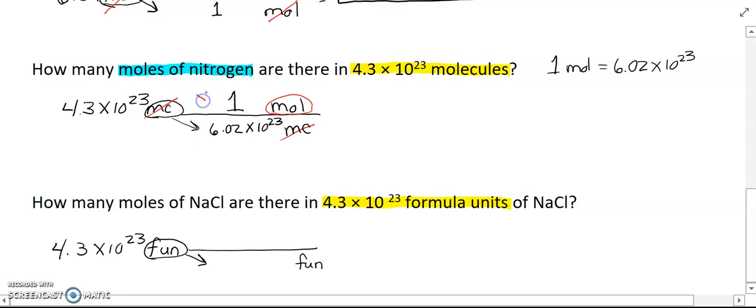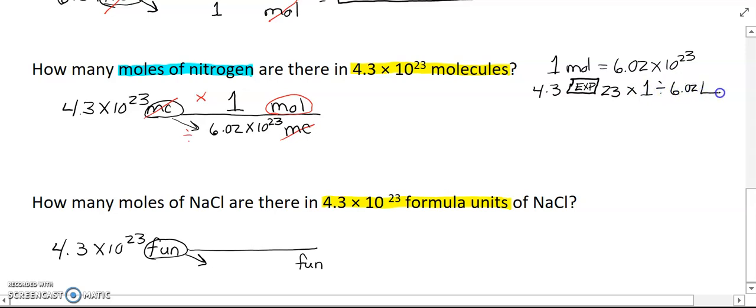I'm still going to take times, and I'm still going to take divided by. Except in this problem, I am going to take 4.3. I need to use my EE or my EXP button twice this time. It's going to be 23. I'm going to take this times 1 this time, and now I'm going to divide by 6.02.